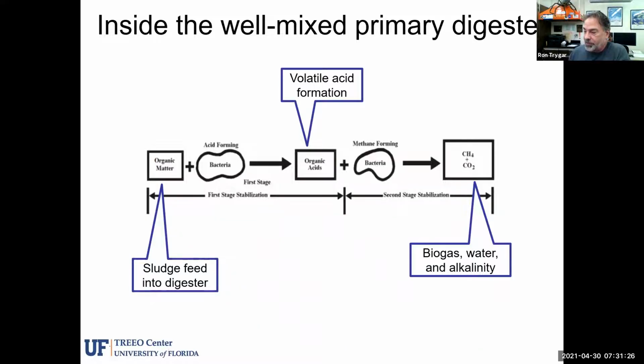So what's happening inside the well-mixed primary digester? This is showing you a little bit of the layout of how the bacteria are doing over a period of time. So the sludge is fed into the digester. That's the organic matter that you see here. And we have bacteria living in the tank that also live in a symbiotic relationship with the methane formers. But we generally have acid forming bacteria that are ready to go and hungry to break down this organic material under anaerobic conditions.